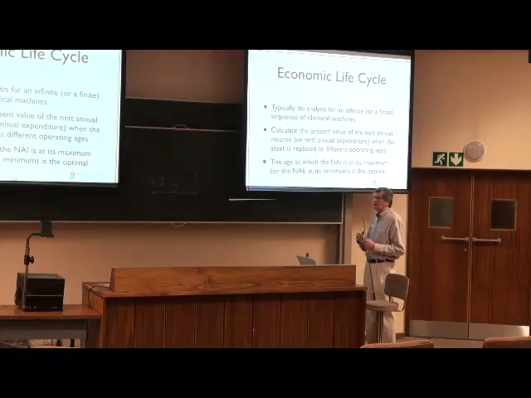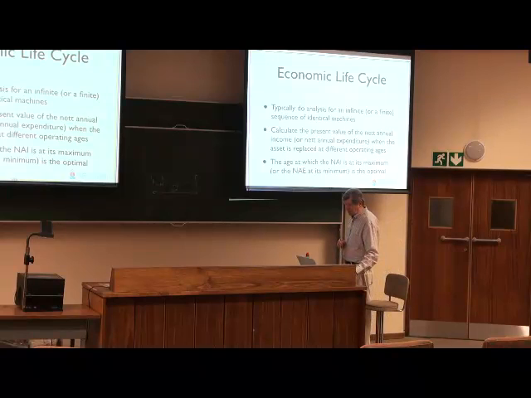And then I optimize over that whole sequence of machines as they follow each other up. So that's the idea. We calculate the present value of the net annual income when the asset is replaced at different operating ages. And of course, if income is not involved, then you would look at net annual expenditure. The age at which the net annual income is at its maximum or the net annual expenditure at its minimum is the optimal point.